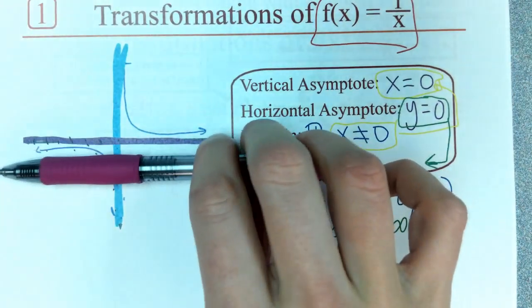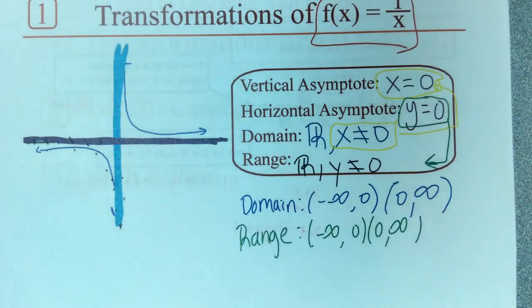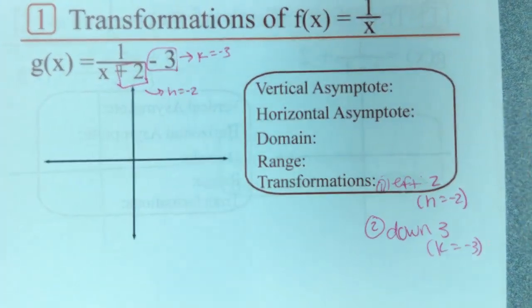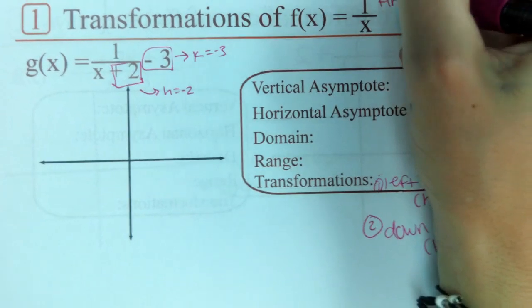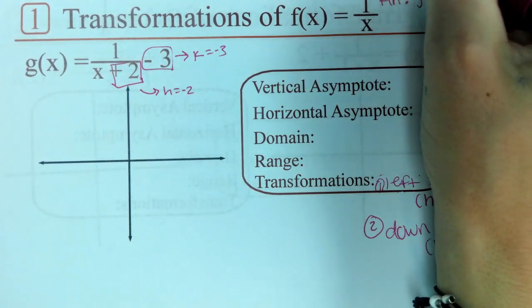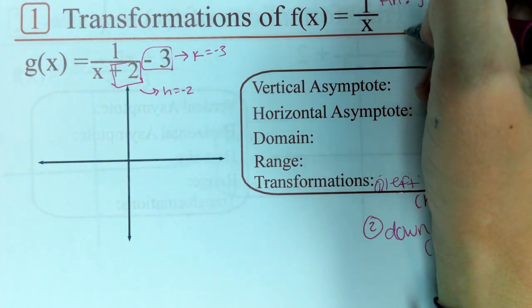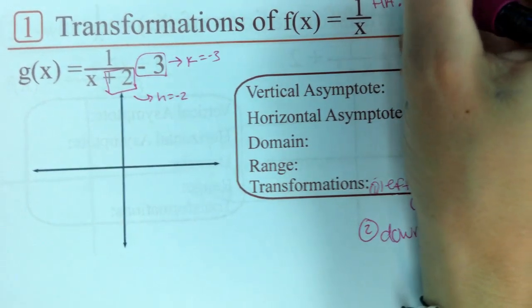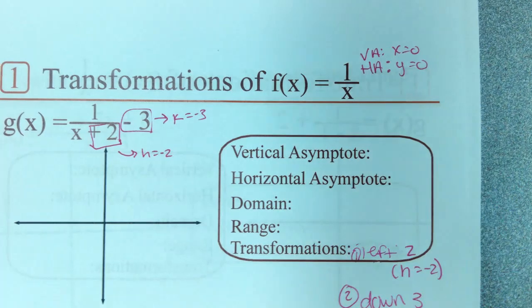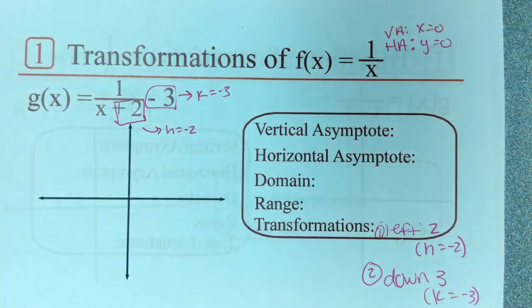When we shift up and down, we're going to shift that horizontal asymptote. So think about this parent function having a horizontal asymptote at y equals 0 and a vertical asymptote at x equals 0, and just moving those.